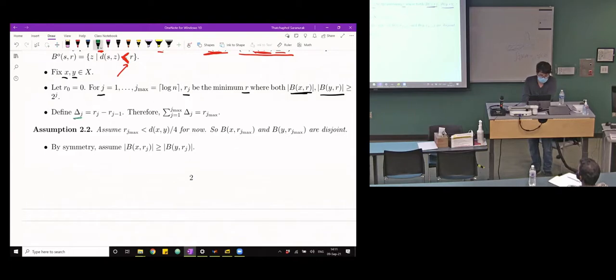And I would also define delta, the difference between r. Delta_j is just the difference between r_j and r_{j-1}. Just how much do you need to grow if you want to go from a 2 to the j minus 1 size ball to the 2 to the j ball?